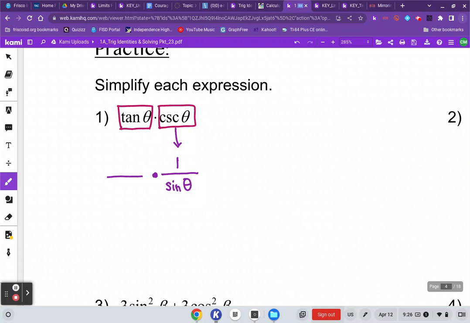So now, because I have the sine in there, I'm going to replace tan with its form that has a sine in it, right? Good. So now I've done my substitution. I can do multiplication now. Check to see if there's anything that I can cancel.